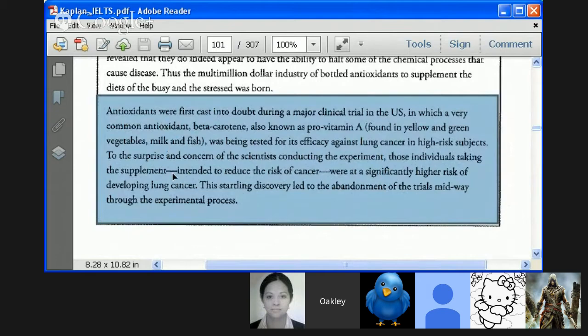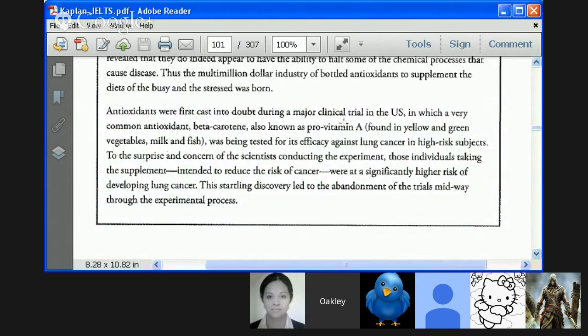Okay. Let's try this out. Actually, Heidi. All right. You start out: antioxidants were first cast into doubt during a clinical trial. Vitamin A is being tested for its efficiency against lung cancer.